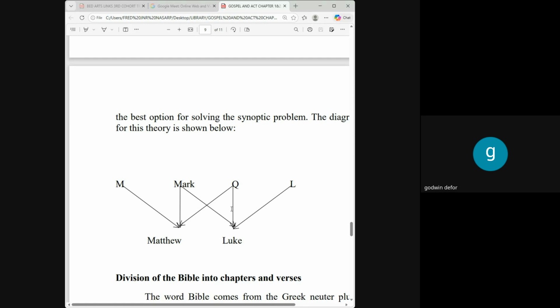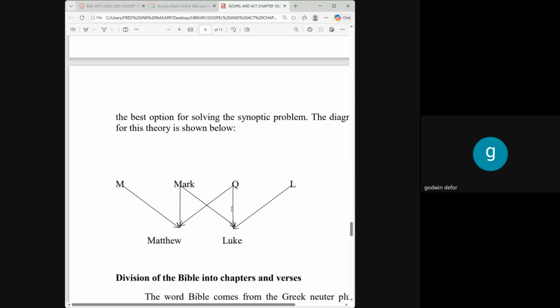And Luke also, after copying from Mark and Q, had a secret source where he copied from. And that secret source wasn't available for Mark and Matthew. That is the very reason why you don't have that material in Matthew and Mark. Meaning that the peculiar source for Matthew, you can't find it in Mark or in Luke.